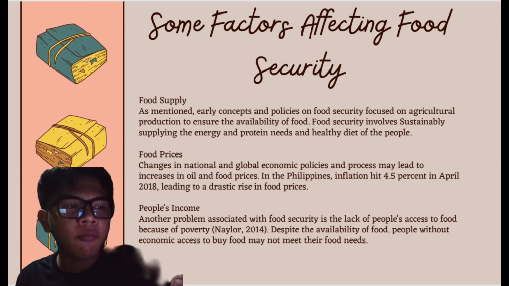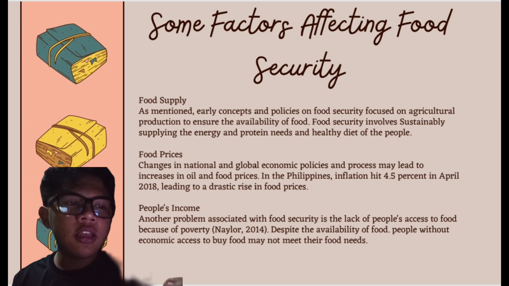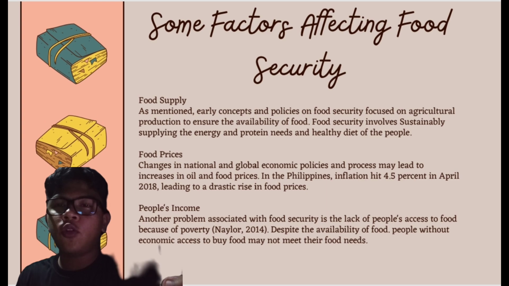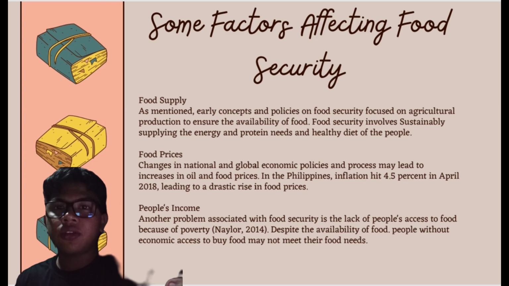For example, in the Philippines, inflation hit 4.5% in April 2018, leading to a drastic rise in food prices. So food price is a great factor that affects food security, especially for the poor.